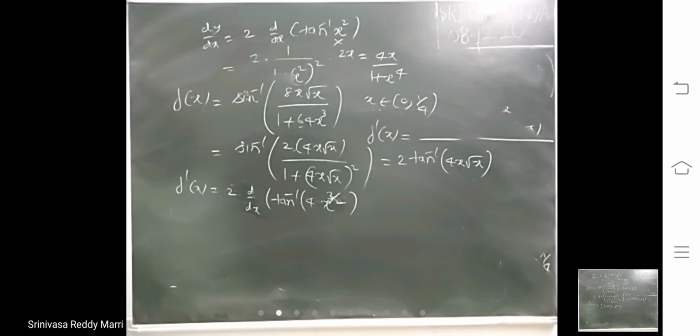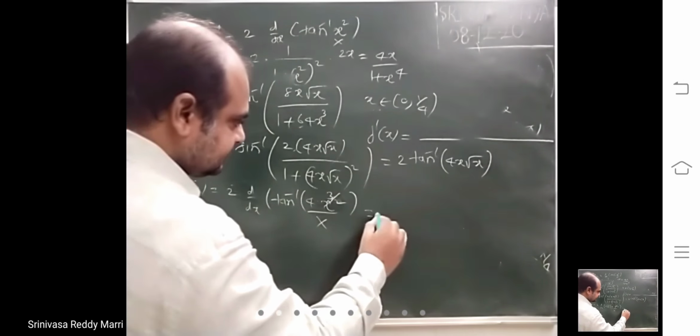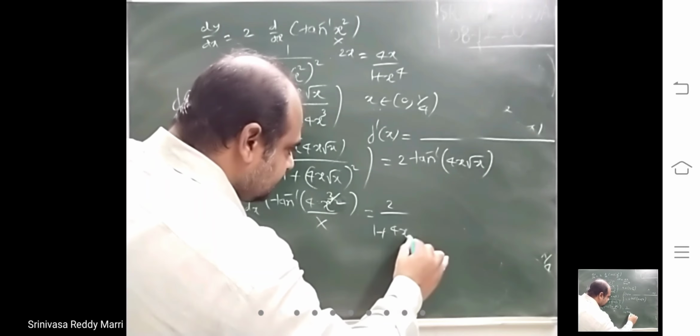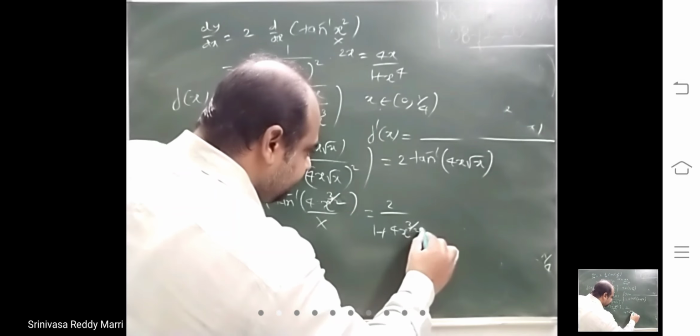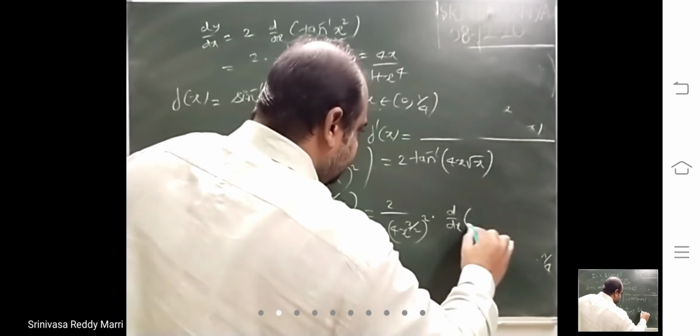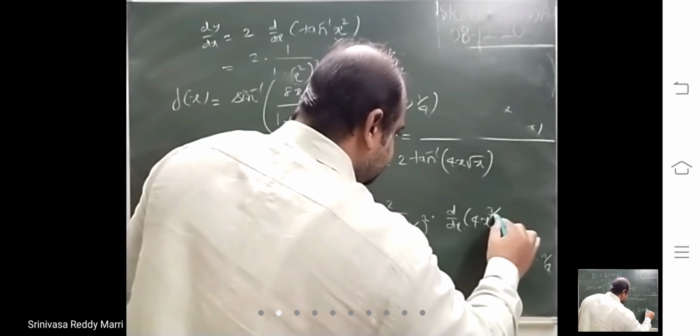This can be considered as capital X. So that means 2 divided by 1 plus 4x power 3 by 2 whole square, into the derivative of 4x power 3 by 2.